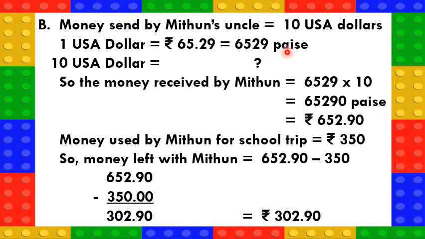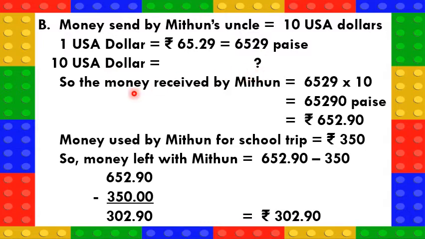Converting this into paise, we get 6,529 paise. Since 1 rupee means 100 paise, 65.29 rupees will be 6,529 paise. So $10 will be how much paise?